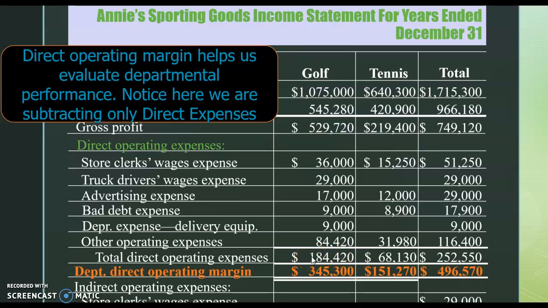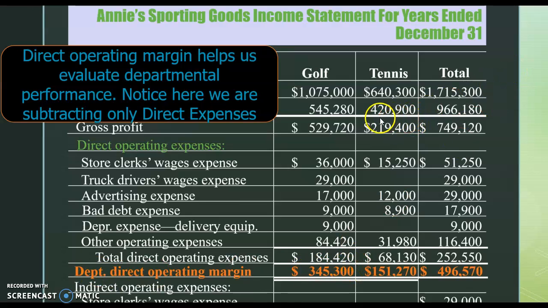Now I'm going to take the gross profit for each department minus the direct operating expenses for each department. So here's gross profit, $529,720 for golf, minus the direct operating expenses, $184,420 for golf, and that equals $345,300 of direct operating margin for the golf department.